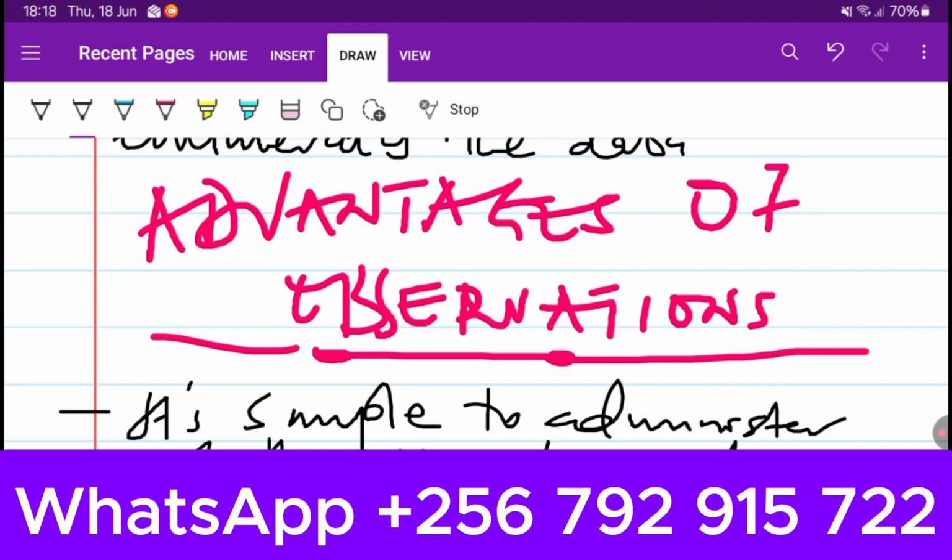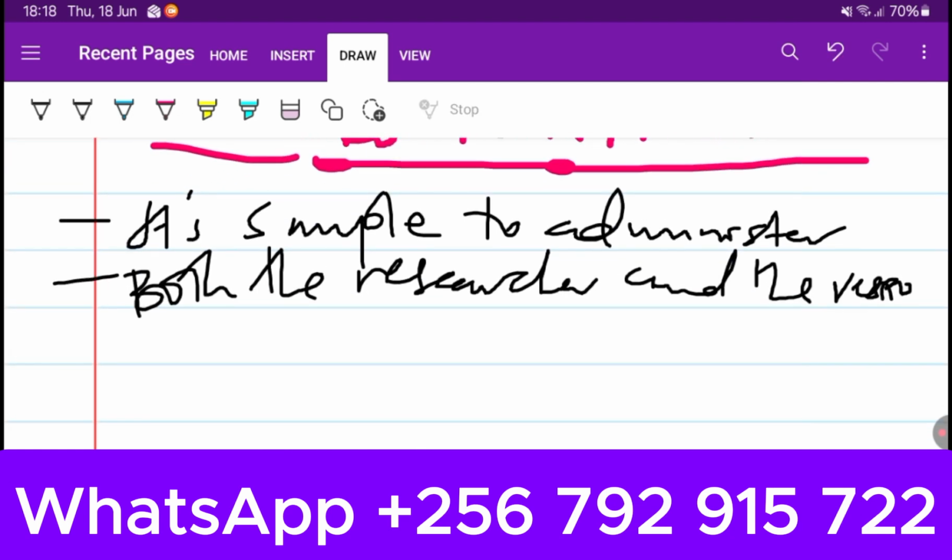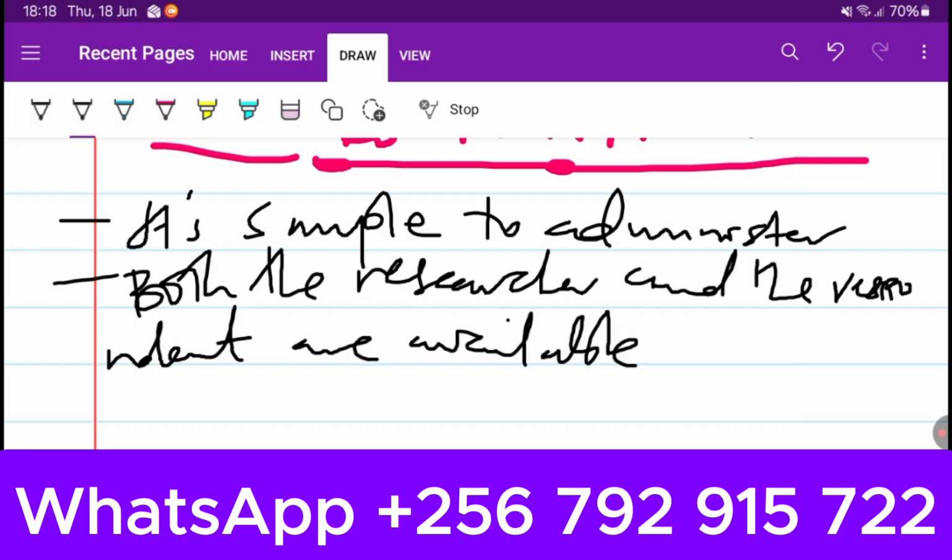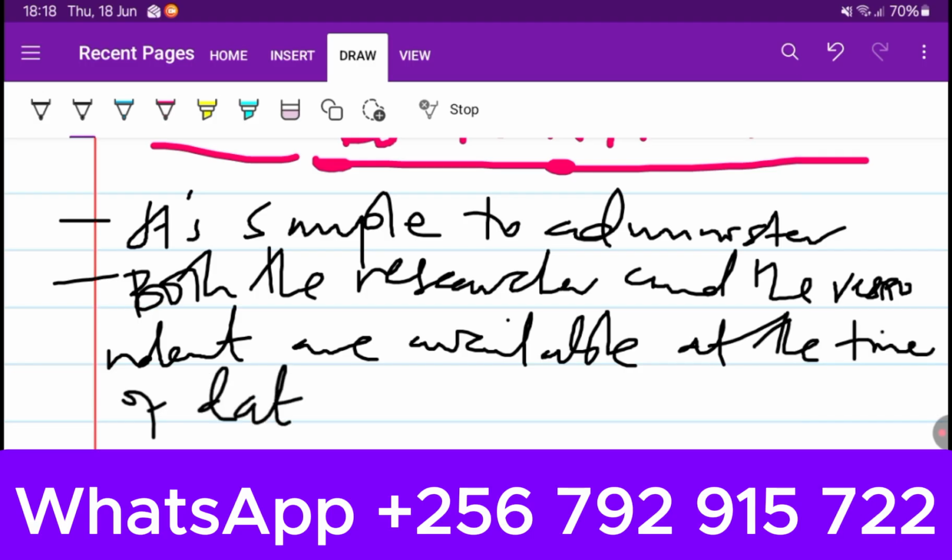Both the researcher and the respondent are available at the time of data collection. Maybe you have contacted them on phone and now they have come, you have met physically. So there is that physical touch or physical feel.